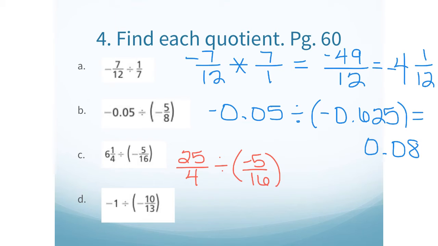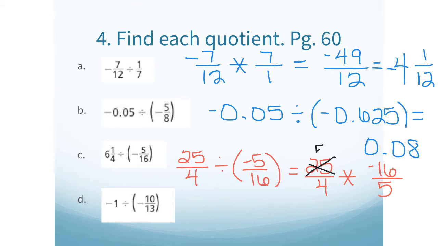So we need to remember, when dividing by a fraction, we're going to multiply by the reciprocal, or keep, change, flip. Keep the 25 over 4, change division to multiplication, and negative 5/16 into its reciprocal. And you can keep your negative on the top. I'm going to do some cross-canceling in this problem because the 5 and the 25 have a common factor of 5.